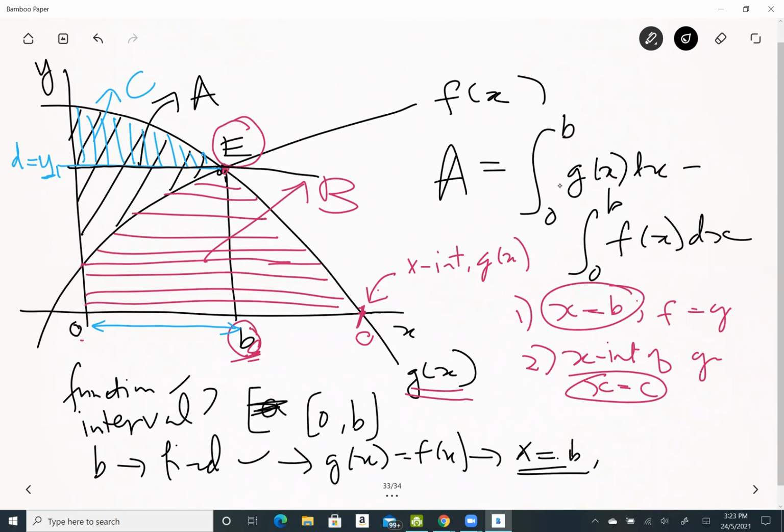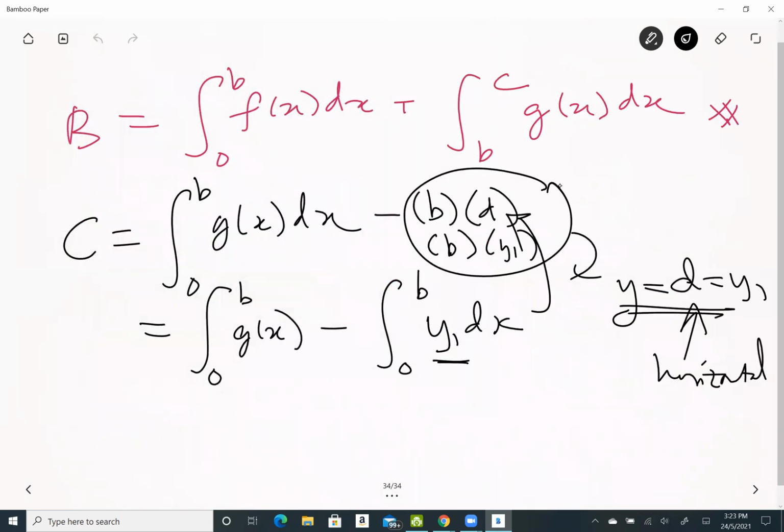That gives us the rectangle. So you take out the rectangle and I get area C. Any question? Good, so that is area C.